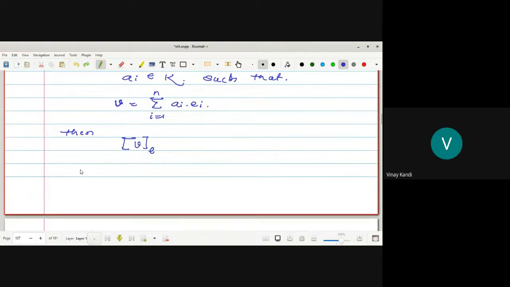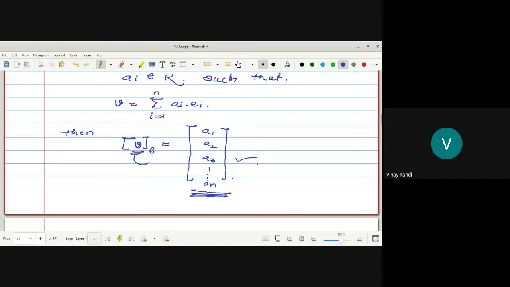The coordinate vector of v to the basis E is nothing but the column vector A1, A2, A3, and so on up to An. This is the coordinate vector of v to the basis E.